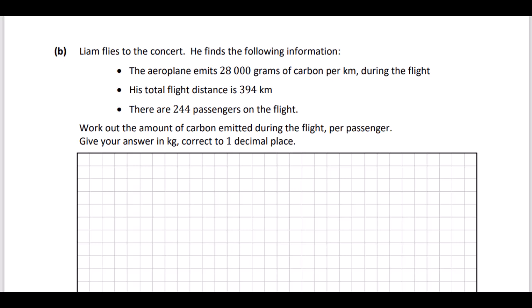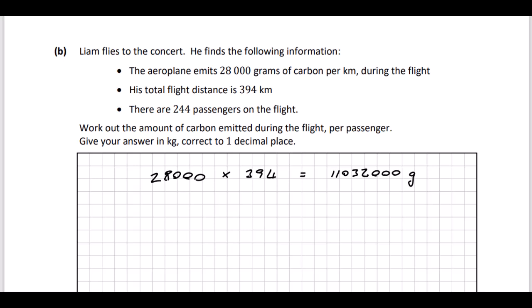So if we take the 28,000 grams and multiply that by 394, that'll give us the amount of grams of carbon used during this particular flight. So that is 11,032,000, and that's grams. So let's just convert that to kilograms.